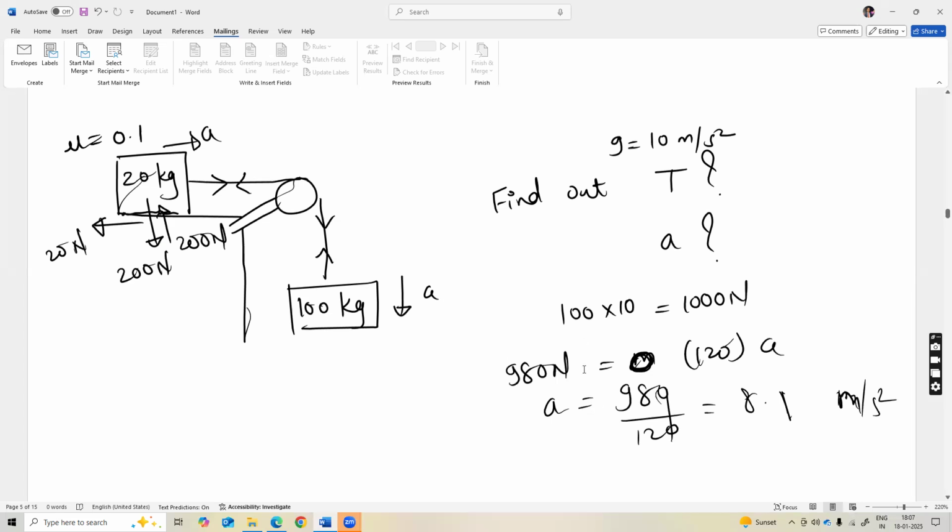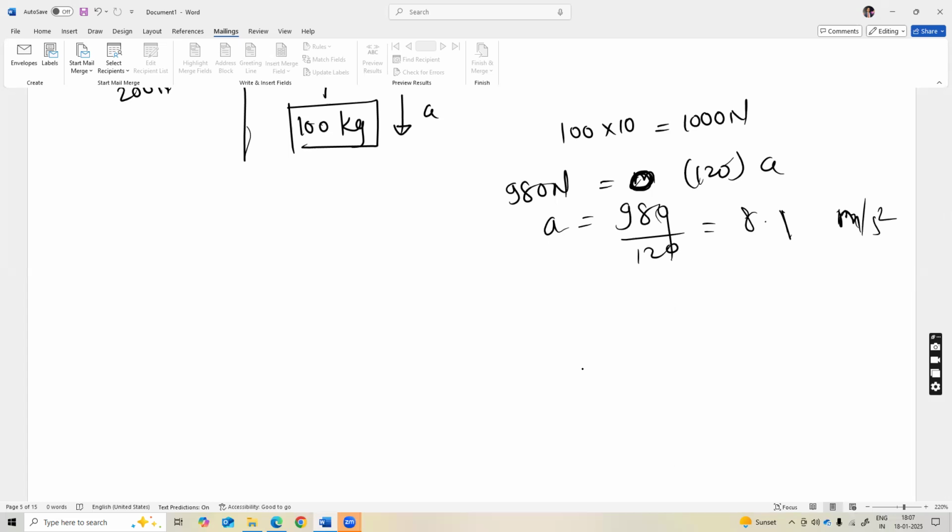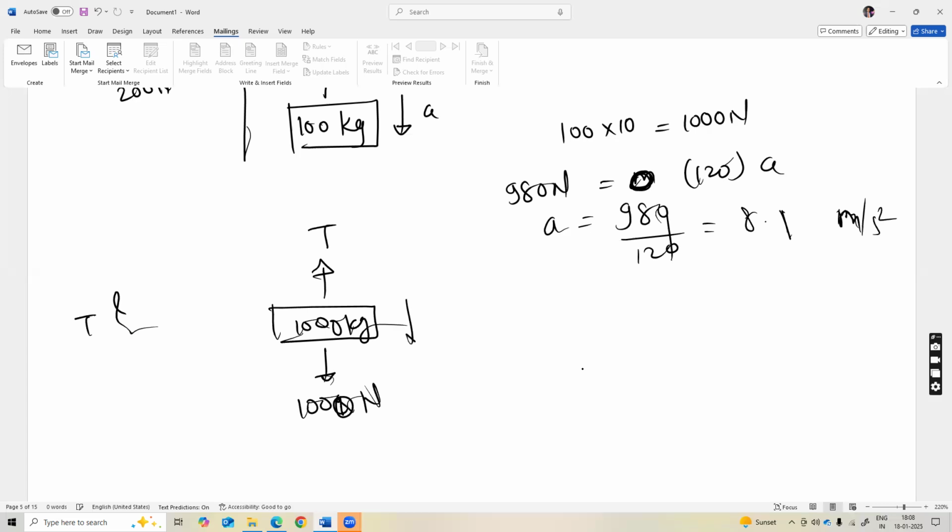And if we have to find out tension, just take this 100 kg block. There is force tension T acting upward, weight of 100 into 10, that is 1000 Newton, acting downwards, and acceleration is A. Since it is moving downward, forces acting in the downward direction are positive.